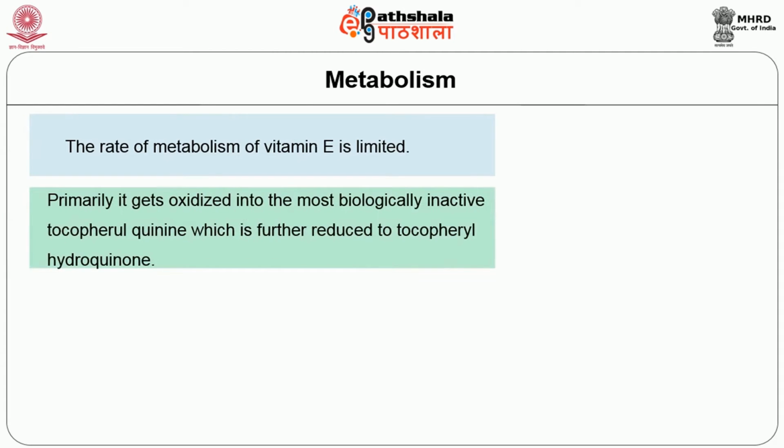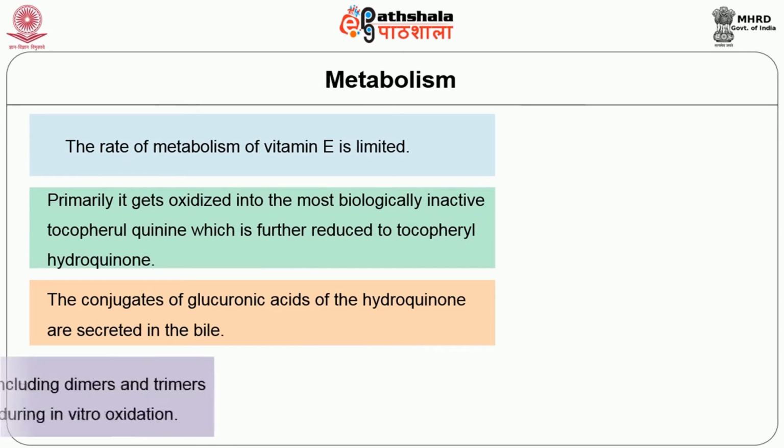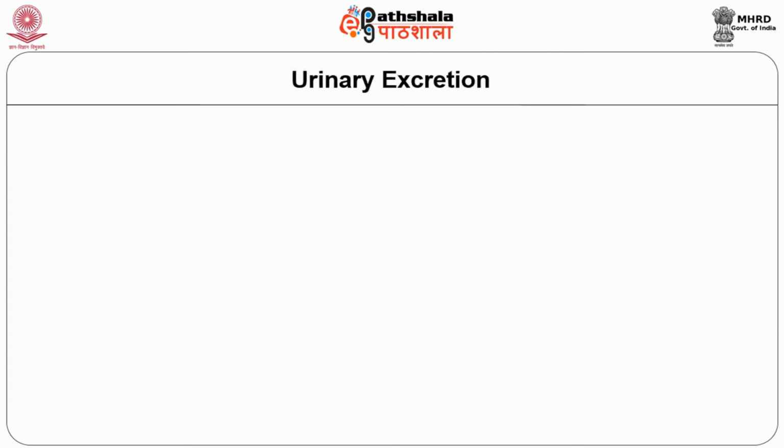Primarily, it gets oxidized into the biologically inactive tocopherol quinone, which is further reduced to tocopheryl hydroquinone. The glucuronic acid conjugates of the hydroquinone are secreted in the bile. Other oxidation products, including dimers and trimers, as well as adducts, are formed during in vitro oxidation. The main mode of excretion is through urine.